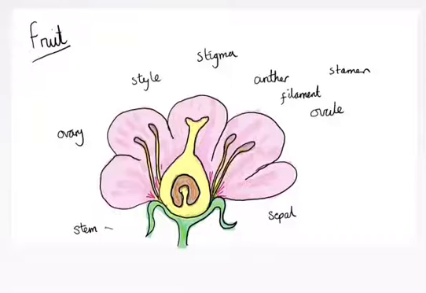So, the stem is a bit down here that holds it up. The sepal is those funny little leaves at the bottom. Ovary, this bit here.